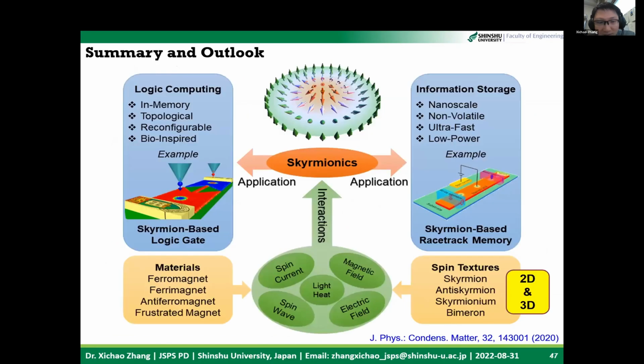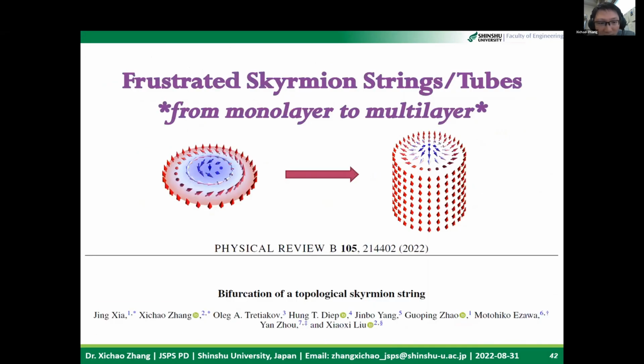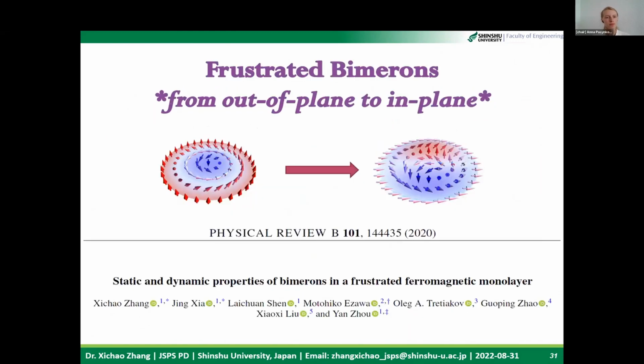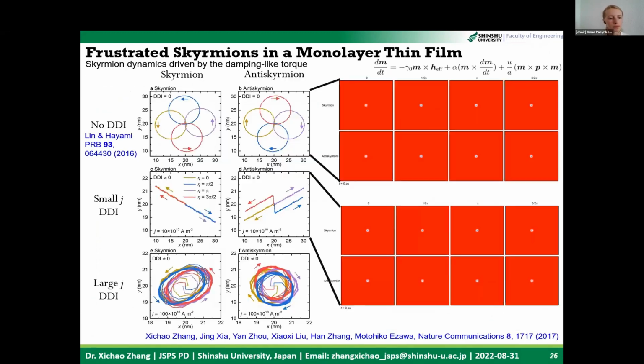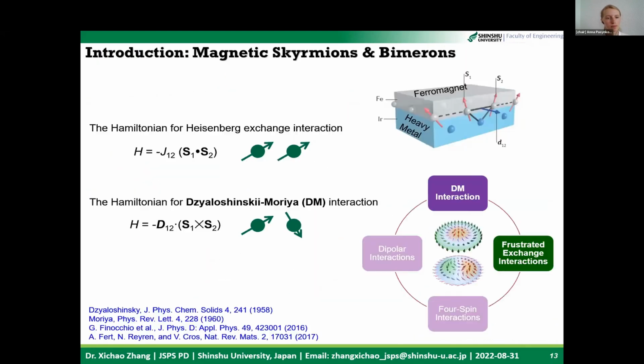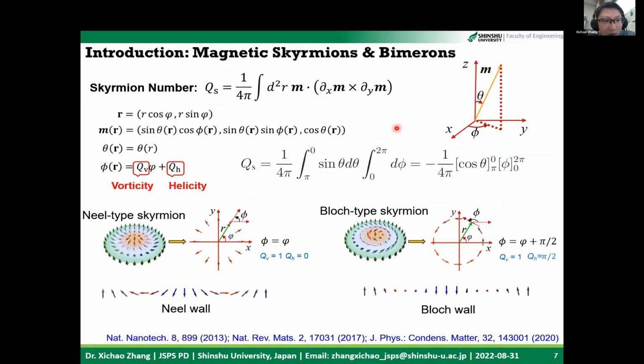Yeah, so let me go back to the slide. So I think it should be this. Yeah, so this equation is a definition of the topological charge for the two-dimensional case.